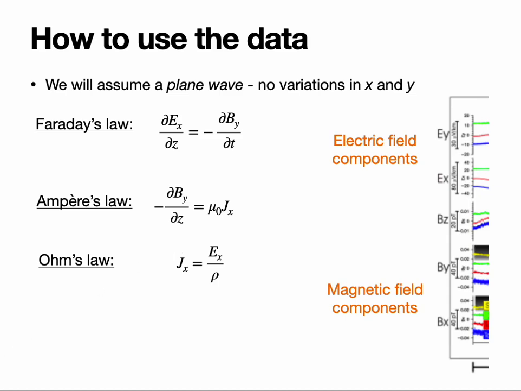What can we do with this? Let's combine Ampere's law with Ohm's law. So we will combine these two equations, and Jx will disappear from here and will be substituted by this part here. So we have minus dBy/dz is equal to mu 0 over rho times Ex.